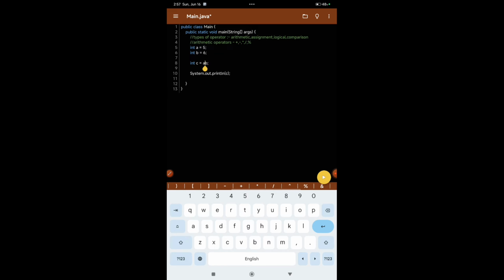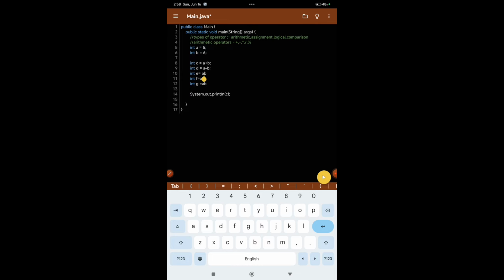I will make int d is equal to a plus b, then e is a minus b, and int e, int f, int g are equal to a, b, a, b, a, b.